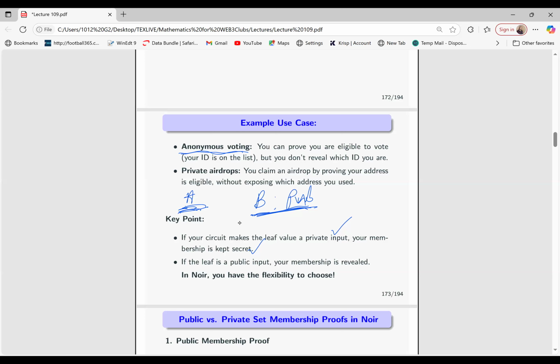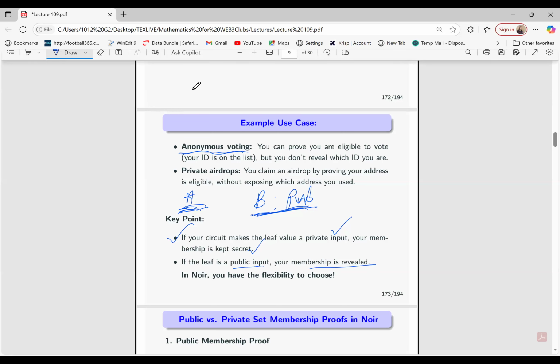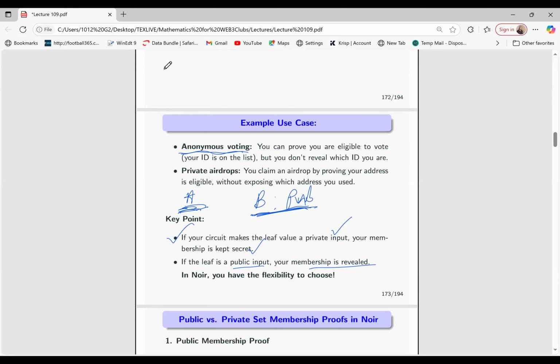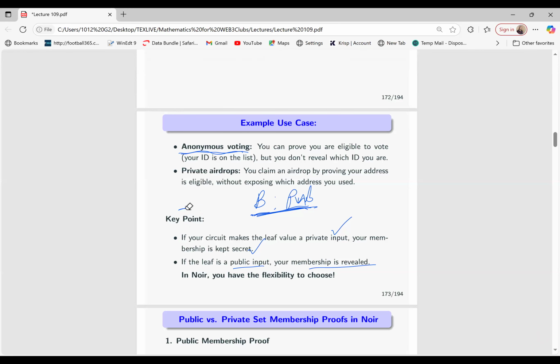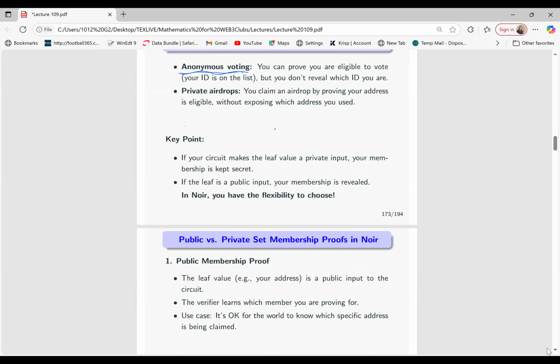And so that is key point number one: this leaf you're writing must not be known to the verifier, so it should not be public. But if the leaf is public, then its membership is not secret, it is revealed. So that is the only thing you need to know when you're writing this. And Noir helps us to do that: you can indicate what value is public and which one is private. That's what Noir does.